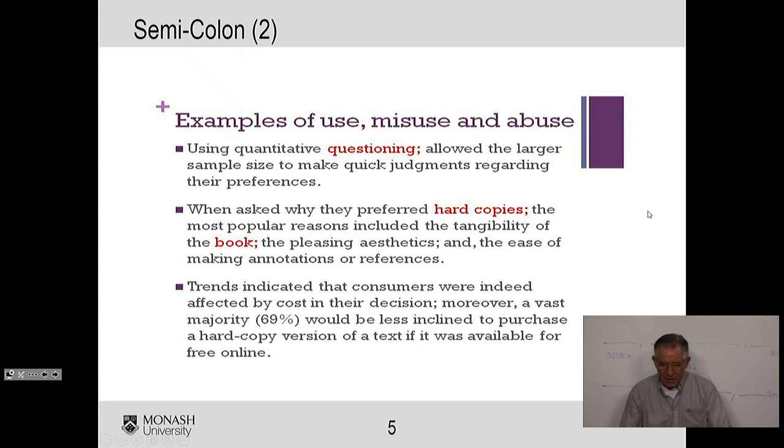If you have a look at these examples, you can see the misuse of the semicolons. The first one, no need for a semicolon after questioning. Instead of a semicolon, this is a typical mistake. We've got pretty much a dependent clause. It should be a comma following copies, and the main clause starts immediately after.